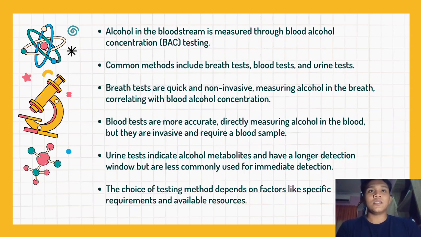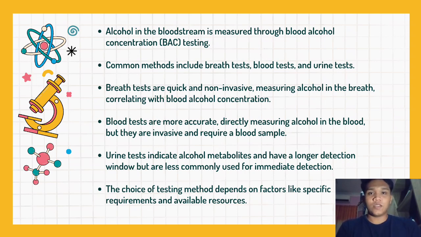Blood tests directly measure the amount of alcohol in the blood and are considered more accurate. However, they require a blood sample and are more invasive. Urine tests can also indicate the presence of alcohol metabolites, but they are less commonly used for immediate detection due to a longer detection window.